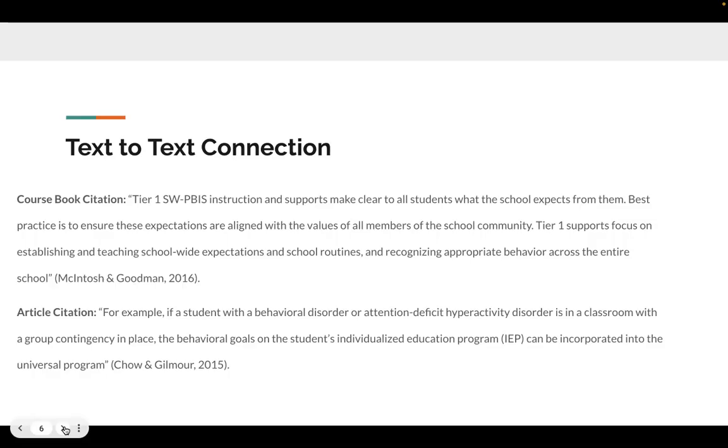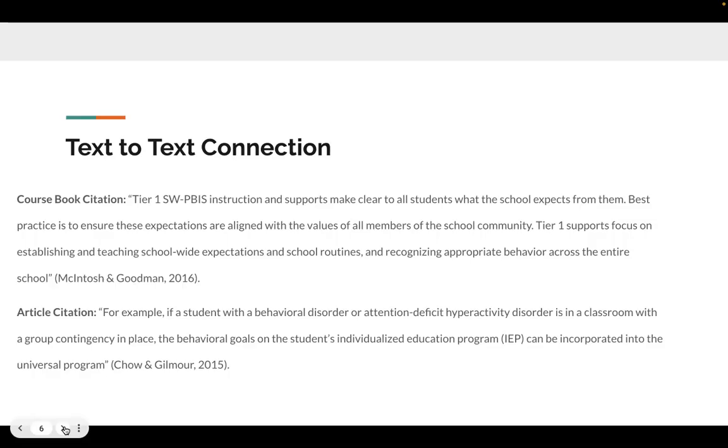entire school. And my article citation being, for example, if a student with a behavioral disorder or attention deficit hyperactivity disorder is in a classroom with a group contingency in place, the behavioral goals on the student's individualized education program can be incorporated into a universal program.